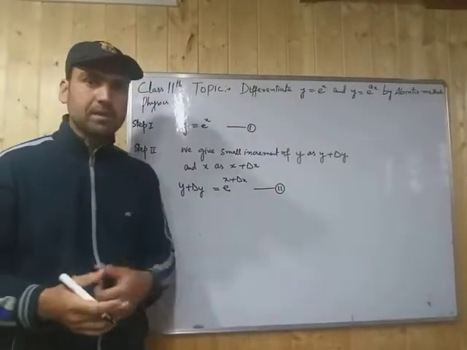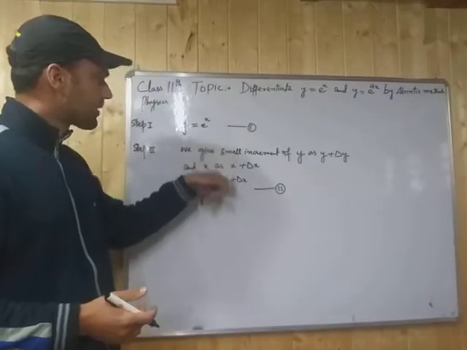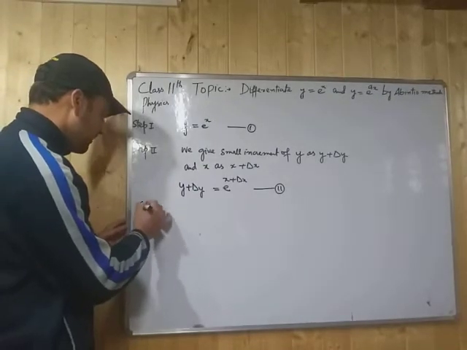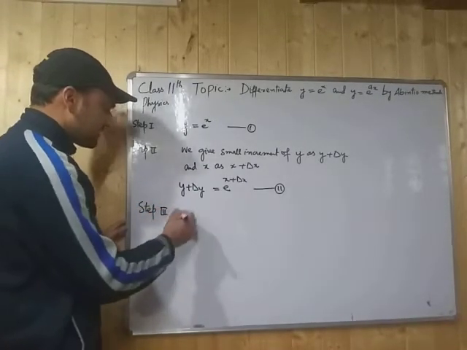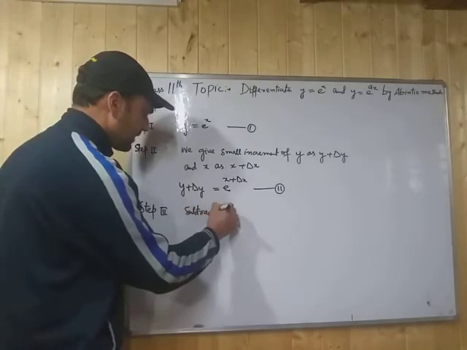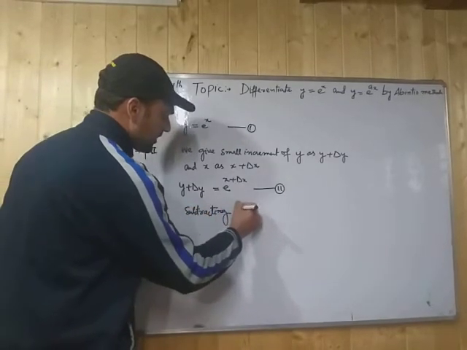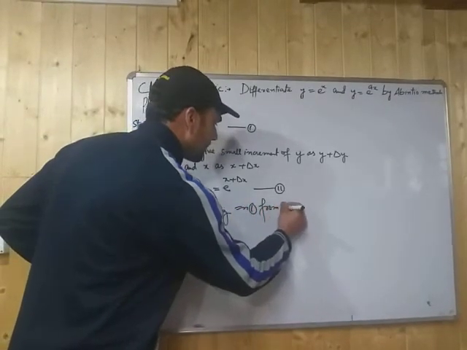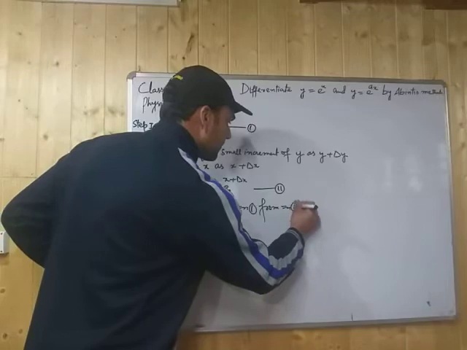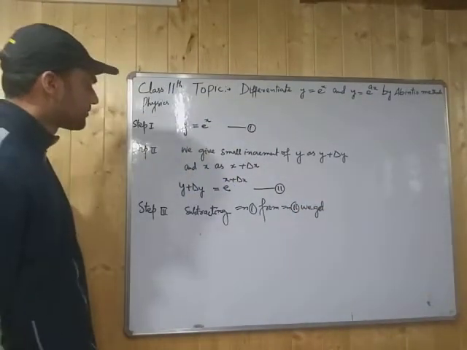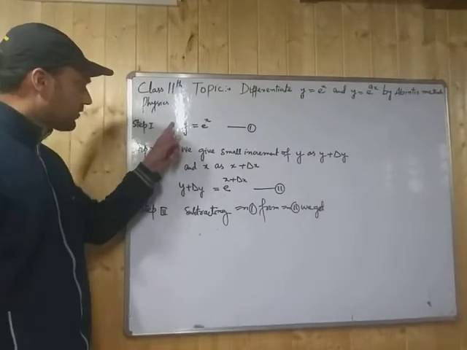Now the third step is we subtract equation first from equation second. So we have to subtract first from second.